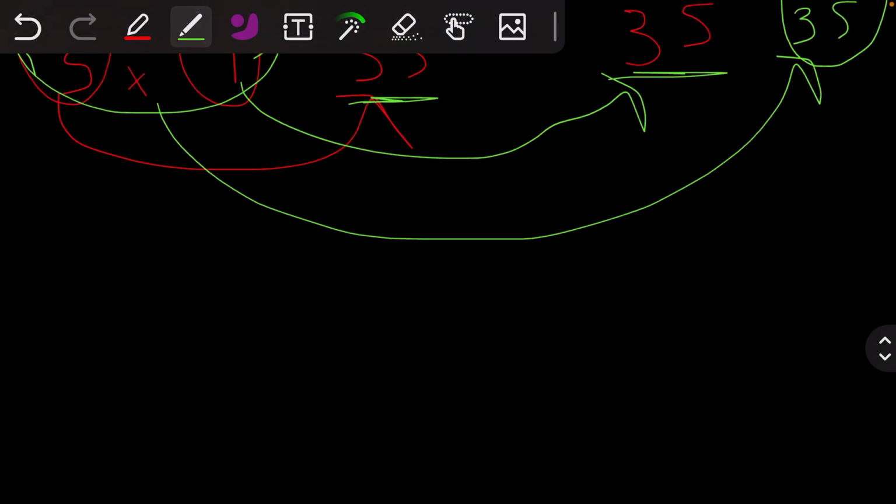Let's do one more example. Let's do 4 over 6 minus 2 over 6.